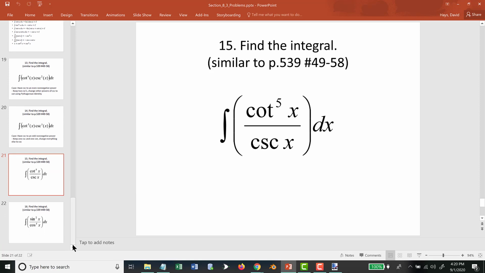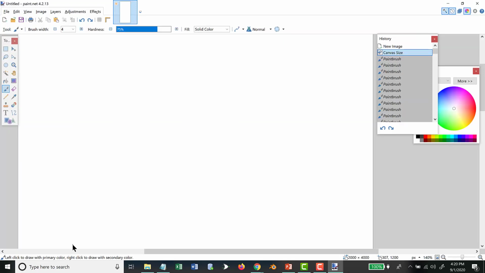Okay. Now I put this one on here so that we could change things in terms of sine and cosine, because that's some of what the problems we're doing in the book. So this is number 15.